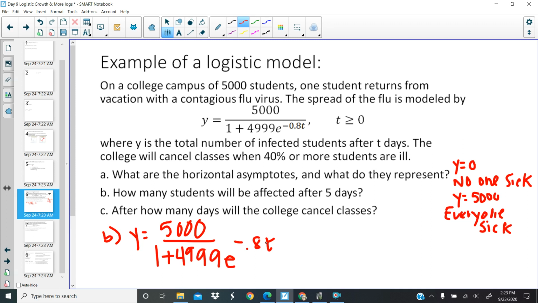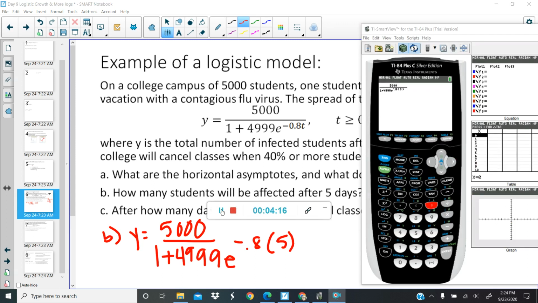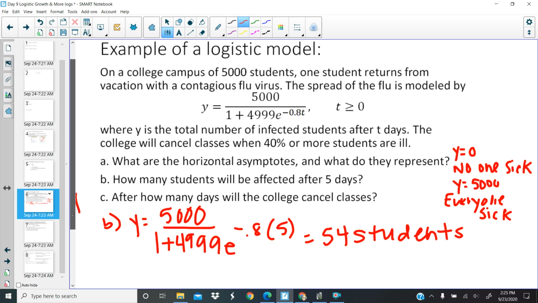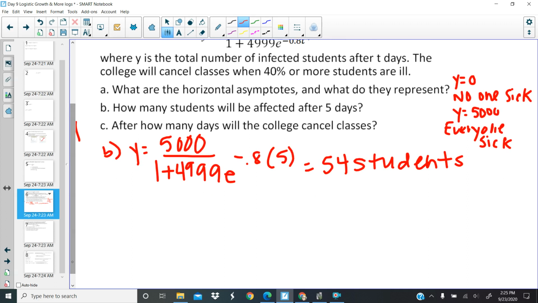It says 5 days have passed, so you can go ahead and plug in 5 for t and calculate that. I went ahead and typed that into our calculator here, and when I hit enter, it tells me about 54 students will be affected after 5 days. So, 54 students.